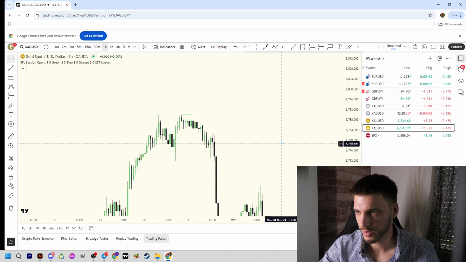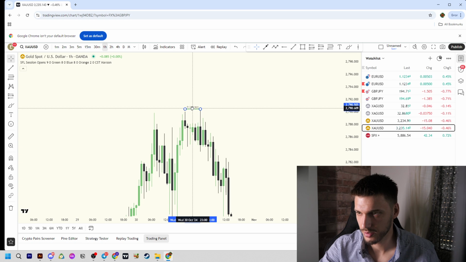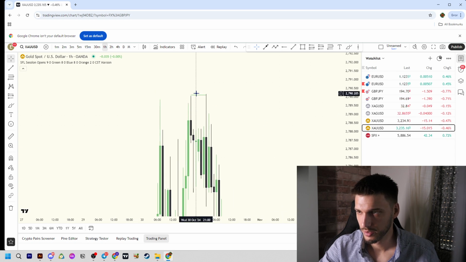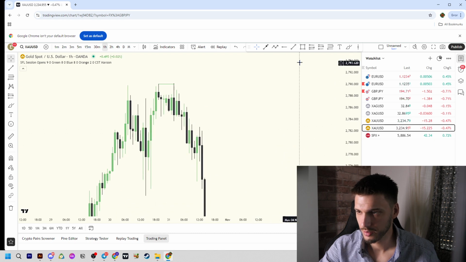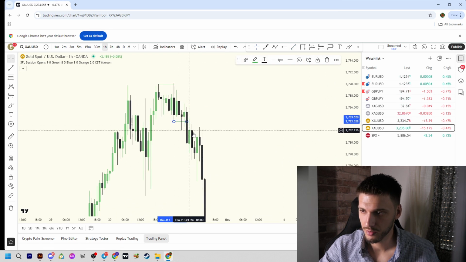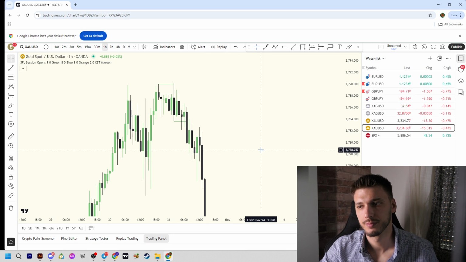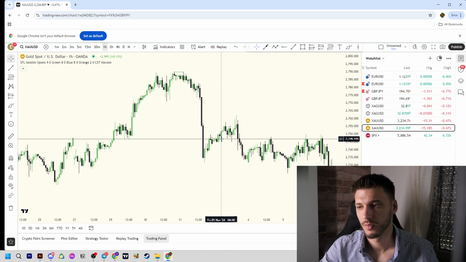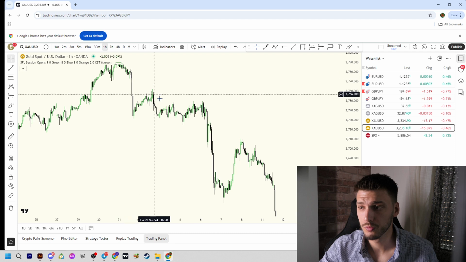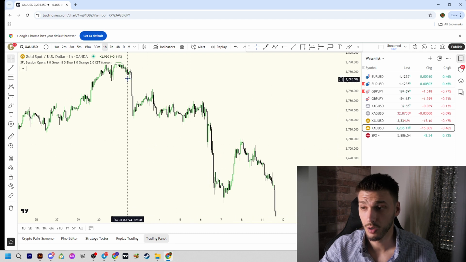This is so tiny. I think you guys can see now. If I zoom in, look at this. It swept liquidity and then came down and broke structure. And then a whole new move happened after that. A whole new move.